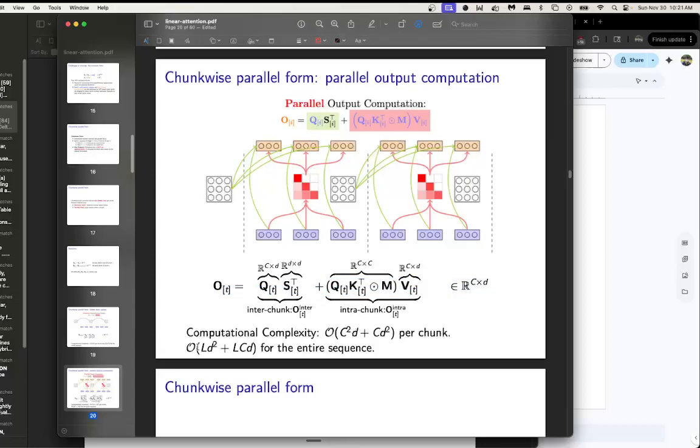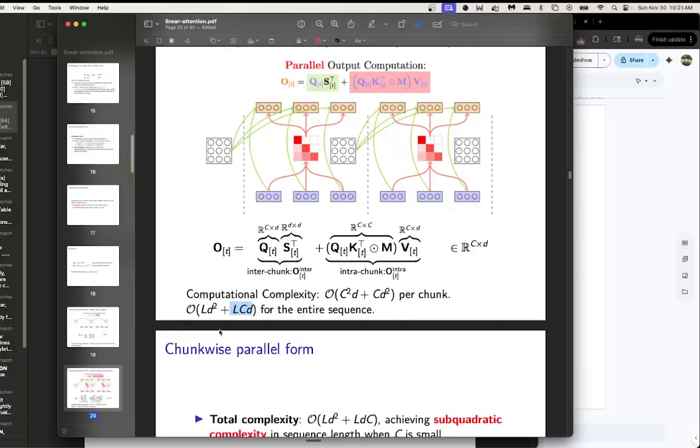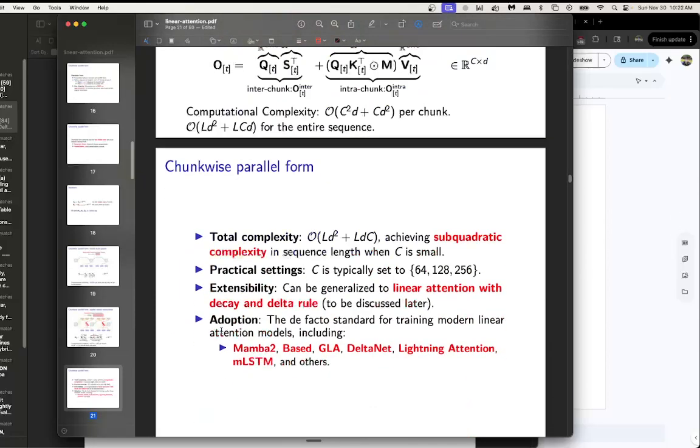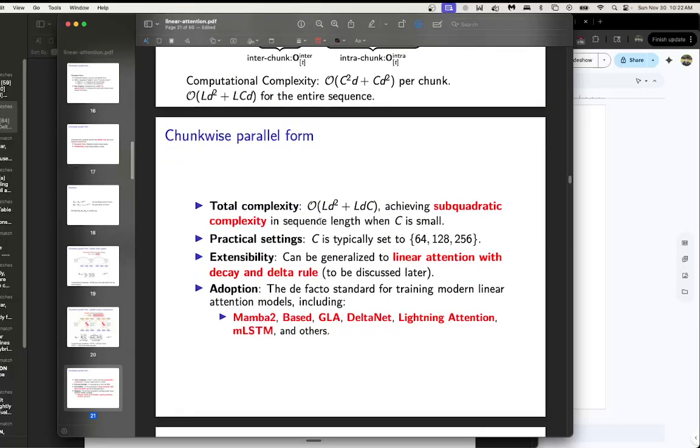So then we get this term for our computational complexity, which, as you can see, does not contain L squared, which is the key property that we were looking for here. And like I just mentioned, the C is typically set to 64, 128, 256, something much smaller than your full sequence length. And so we achieve subquadratic complexity, but we're not done yet.